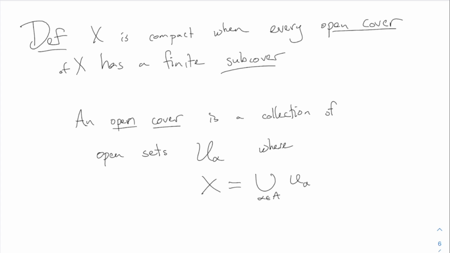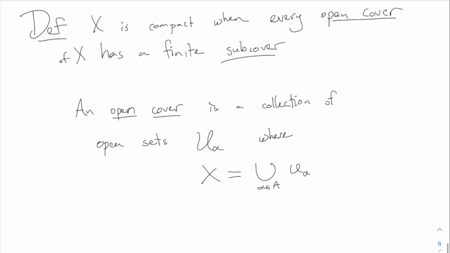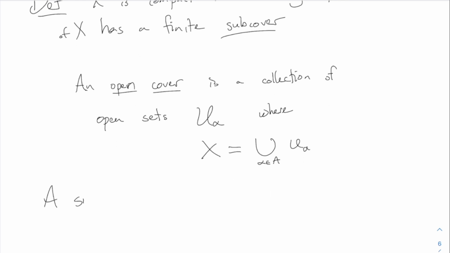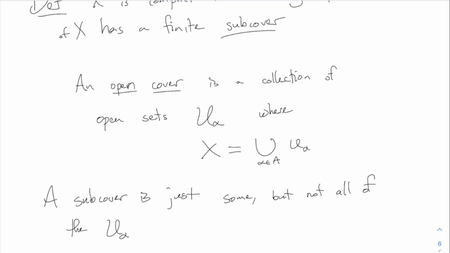Well, a finite subcover means you only consider finitely many. So a subcover is just some but not all of the U alphas, which still makes a cover, or still covers X, big X.